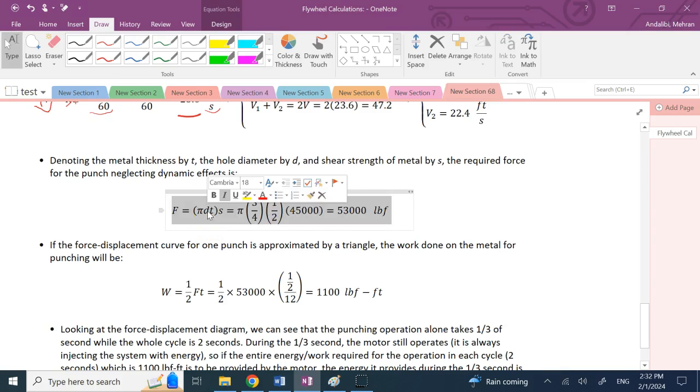This is the external surface area of that cylinder of the hole, right? And if you multiply that area by the strength, you should get the force.